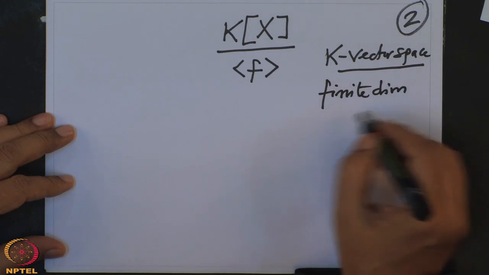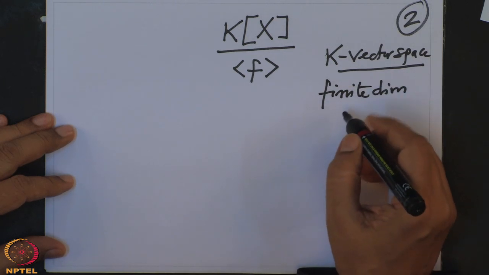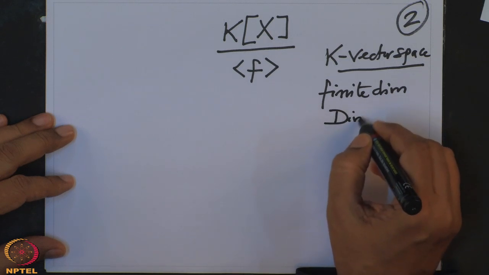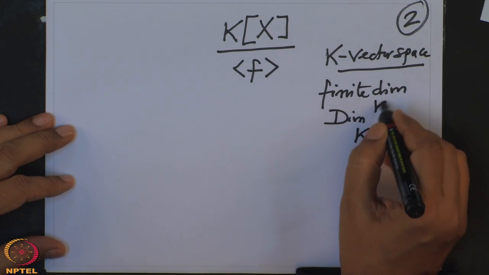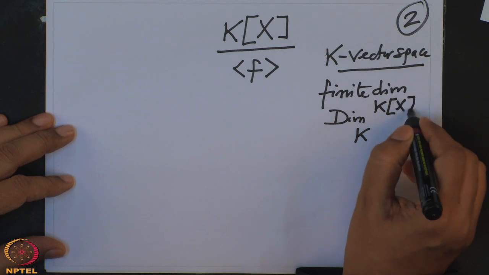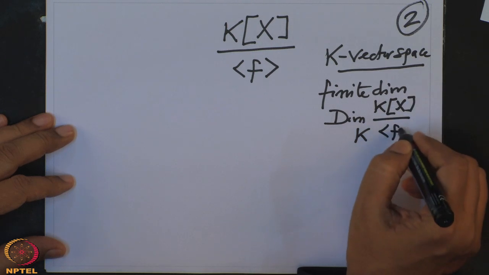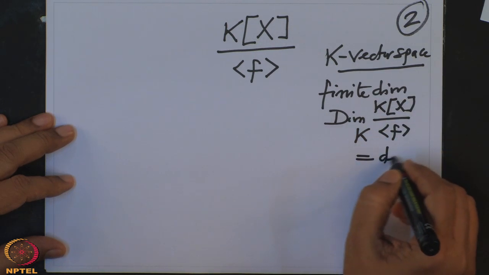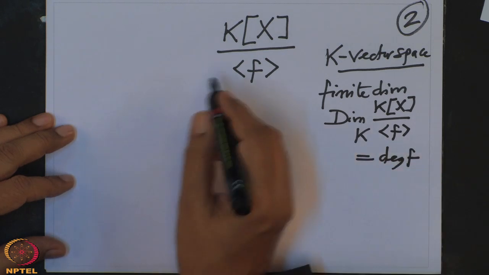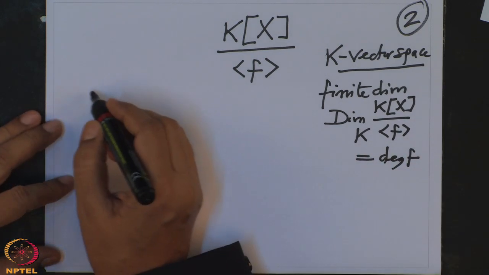In fact, the dimension of this K[X] mod the ideal generated by f, as a K vector space, equals the degree of f. And what is the basis? In fact, the basis you can write down.